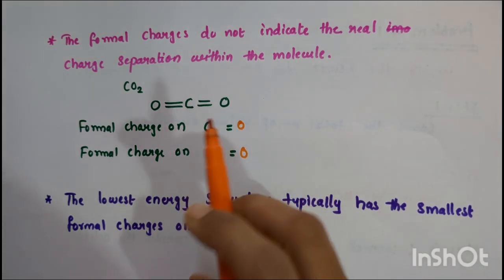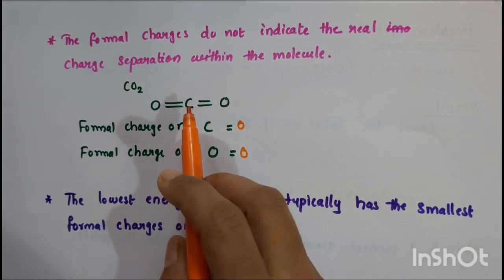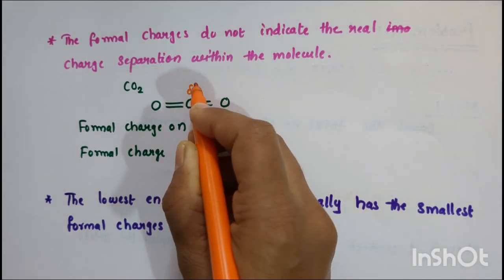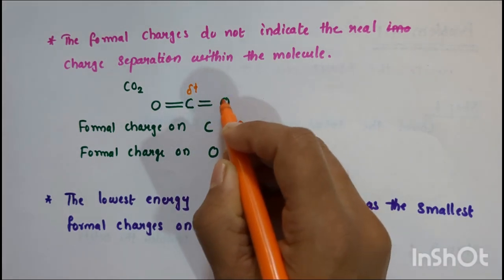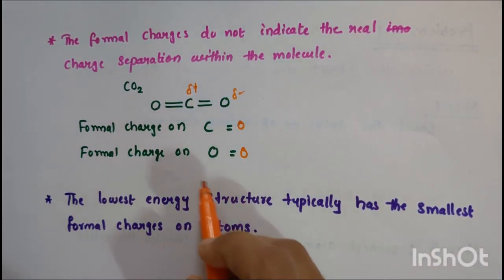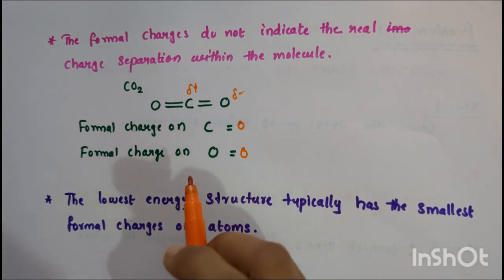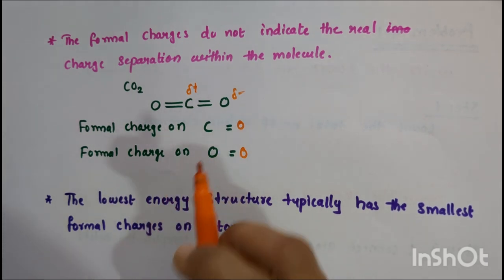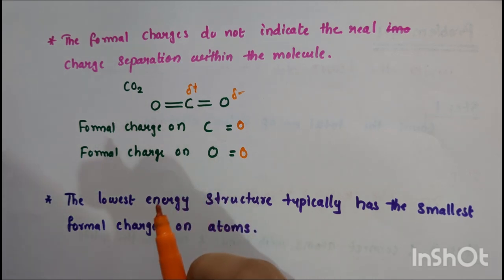But actually, the central carbon atom is partially positive and the oxygen atoms are partially negative. So actual charge separation depends on electronegativity, molecular geometry and other factors. The charge on the atoms in the Lewis dot structure only helps in keeping track of the valence electrons in the molecule.